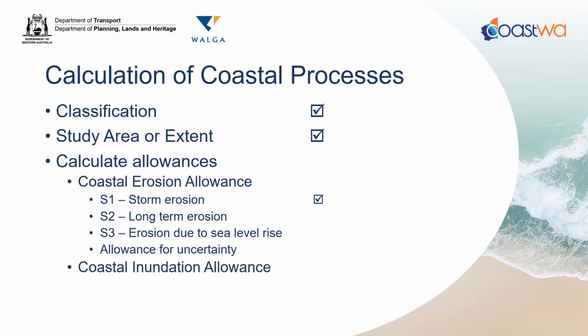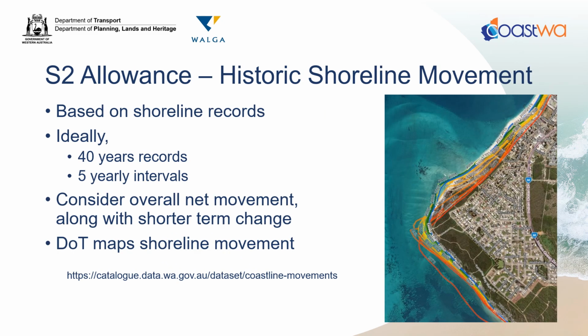So we've discussed the classification of the coast, determining study areas and extents of our assessment, and the S1 allowance. We'll now step through the S2 allowance, the allowance for longshore long-term erosion trends. The historic shoreline movement allowance is typically based on shoreline records or longer-term shoreline positions.